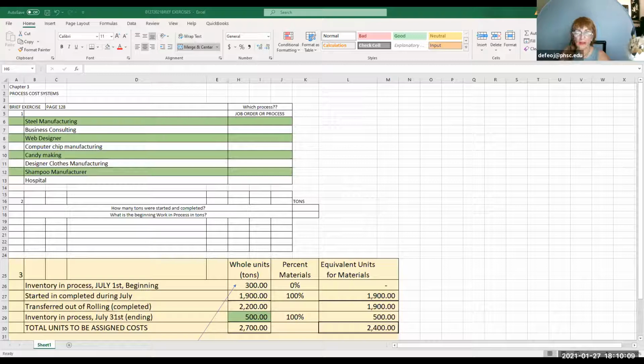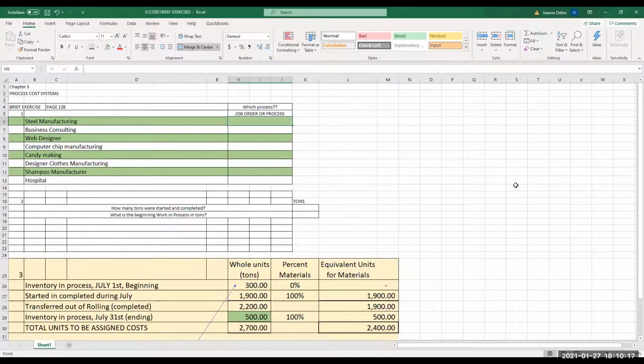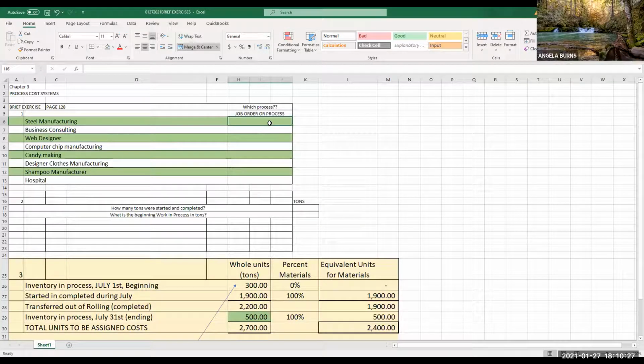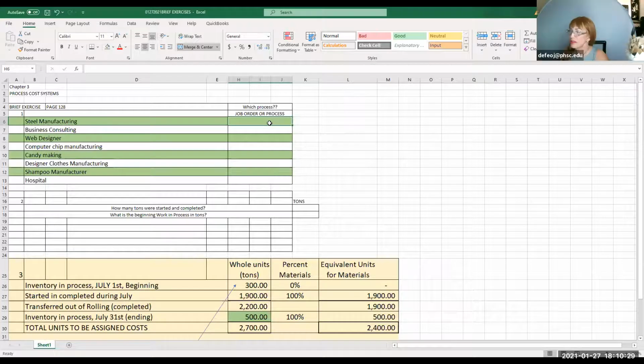Clay, what do you think? What do you think steel manufacturing is? Process costing or job order costing? Sorry, I can't hear you very well. It might be a job order. Yeah, no, it's not job order. It's process. You can't distinguish between one piece of steel and another piece of steel.